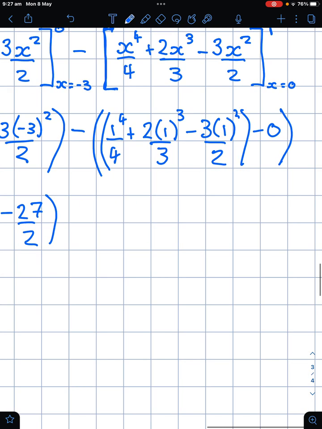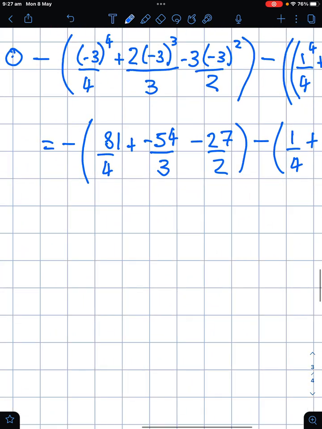And then here we've got, these are all going to be nicely 1s to the power, which is going to give us 1. So let's just quickly, going to have a quarter plus 2/3, not plus, minus 3 on 2.